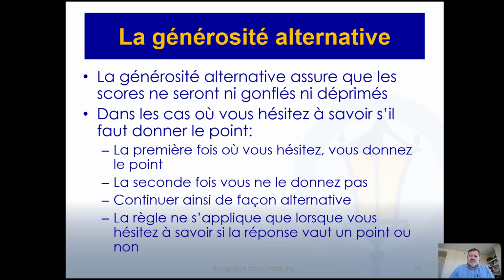This will allow you to make sure that you don't inflate the score by giving the point all the time when you hesitate, and you're also not depressing the score by not giving the point on any of these occasions where you do hesitate. And again, we'll discuss this further as we're practicing the administration. Try to see that certain subtests are more prone to the need for alternate generosity.